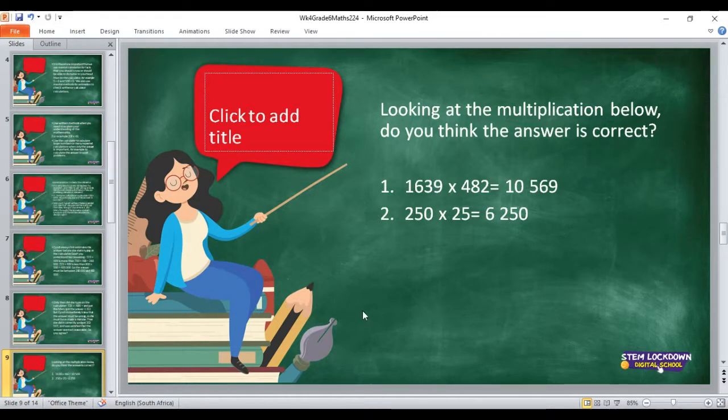All right, we have 1,639 multiplied by 489, and we have the answer on the screen, 10,569, and it is incorrect. We have estimated just rightly.